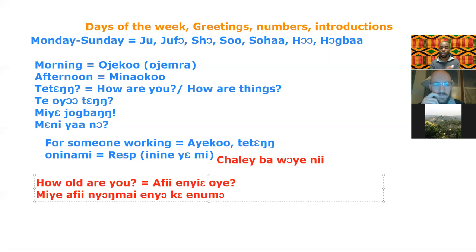This number actually is 25. Here, afi mi enyo ke enum. I'm 25 years old. So you see why a lot of the younger generation, instead of saying afi mi enyo ke enum, will actually say, well, majority of the times, iye 25.